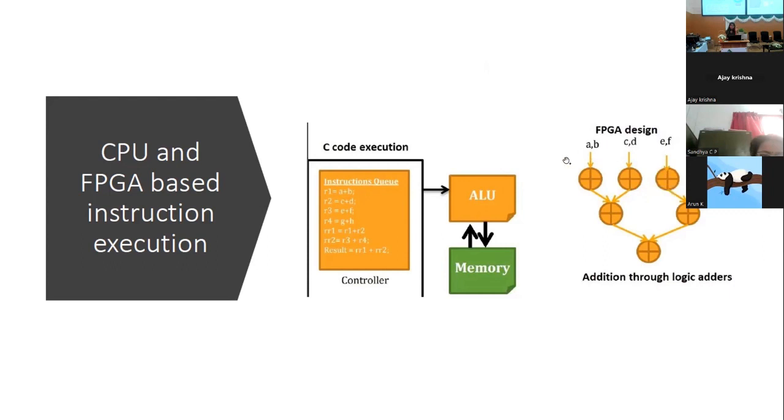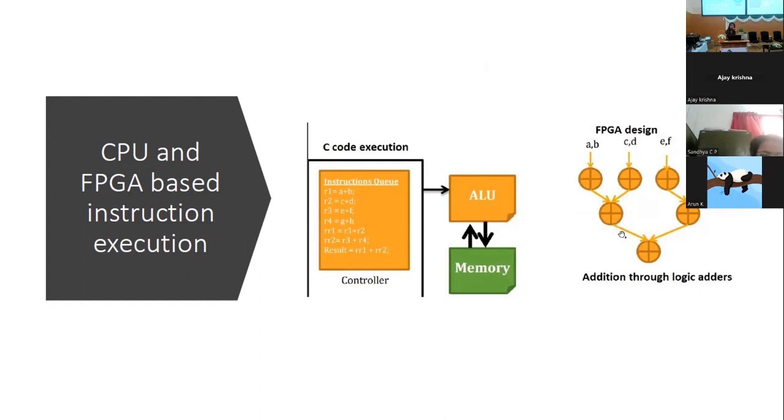Then A, B, C, D, etc. I can keep inside a small memory. LUT can be used as a memory, or some other memories are also available like BRAM. So this will be created inside the FPGA. What will happen is that within one clock cycle, I can complete the whole operation inside the FPGA. But the ALU will take so many clock cycles, depending on its speed.